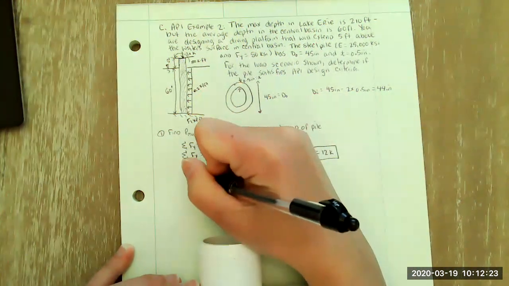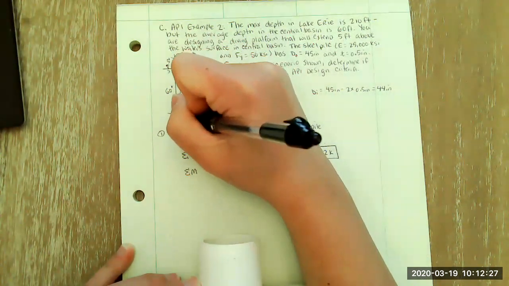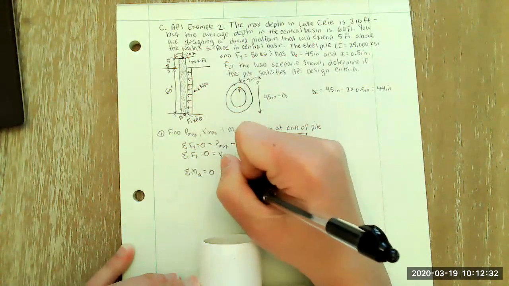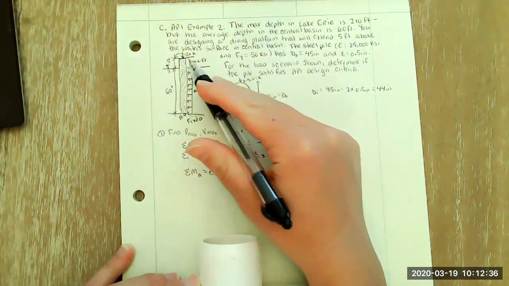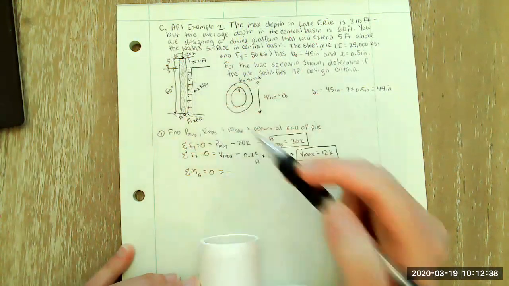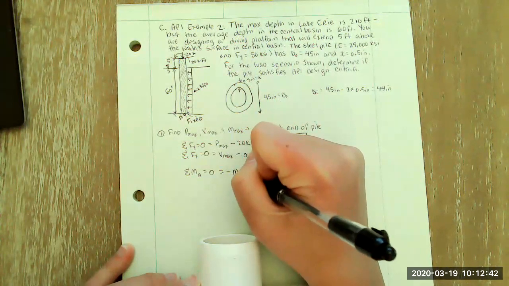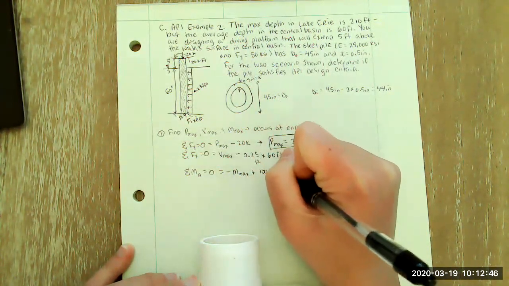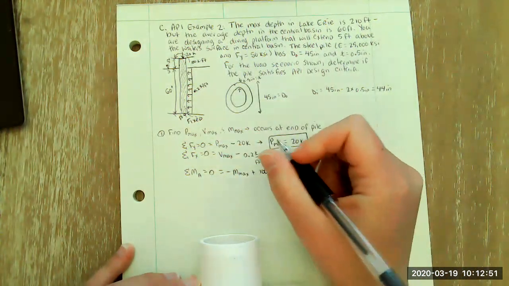And finally, if I sum the moments about the base of the pile, about A, we'll say that this is equal to 0. My moment is going to be clockwise because it's counteracting this moment and the moment due to this distributed load. So M max plus 100 kip feet is due to this point moment here at the end of the pile. We just add that.